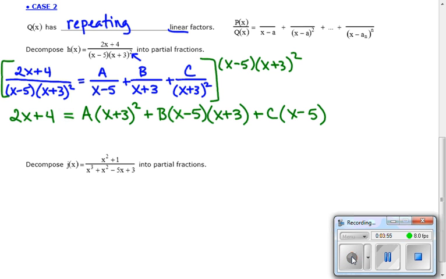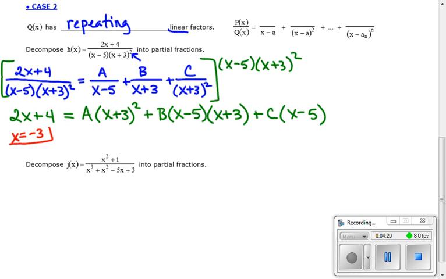The good news is our technique from case 1 is going to be the same. Let's substitute in values for x, and again, let's choose values that make things nice. For the first one, I would substitute in x equals negative 3, because that will make my factor of x plus 3 zero.